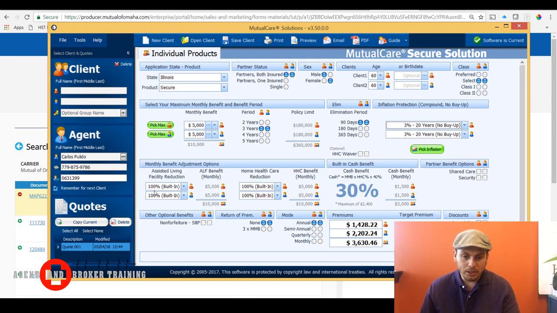Okay, so assisted living. I don't think you want to mess with these. You just want to leave these at 100%. Assisted living facilities, this is like the nursing homes and things like that. Some people might not be attracted to long-term care because they're just thinking that it means me going into a nursing home, right?